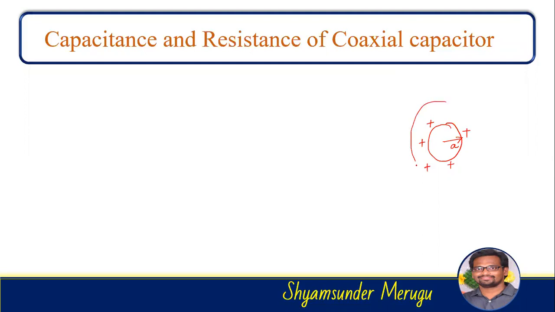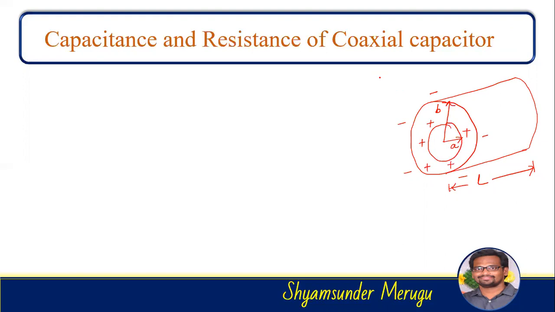Also, let us consider the outer conductor, whose radius is B, and it is carrying the negative charge on its surface. Let us also consider the length of the coaxial cable, or coaxial conductors, is L.